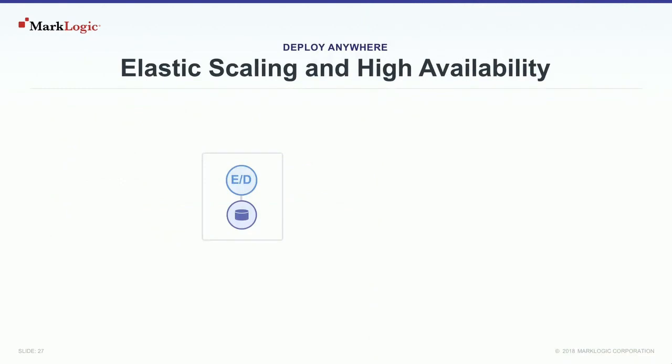So the first thing, let's illustrate this flexibility by talking about our cluster architecture. Our cluster architecture is a huge enabler for this flexible infrastructure. What you're looking at here is actually my laptop. MarkLogic ships a single binary, and that installation on a host. These circles are representing a single machine.